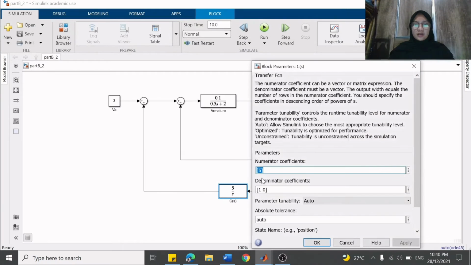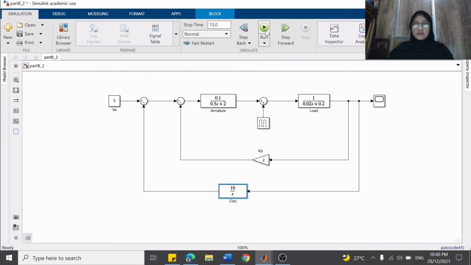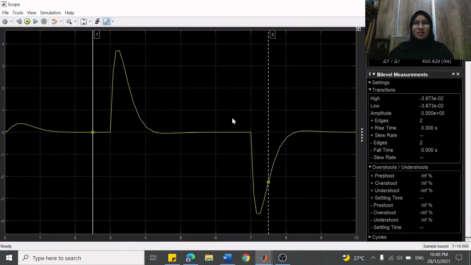For K equal to 10, this is the output graph for K equal to 10. The rise time is 0, overshoot infinity, settling time is none.